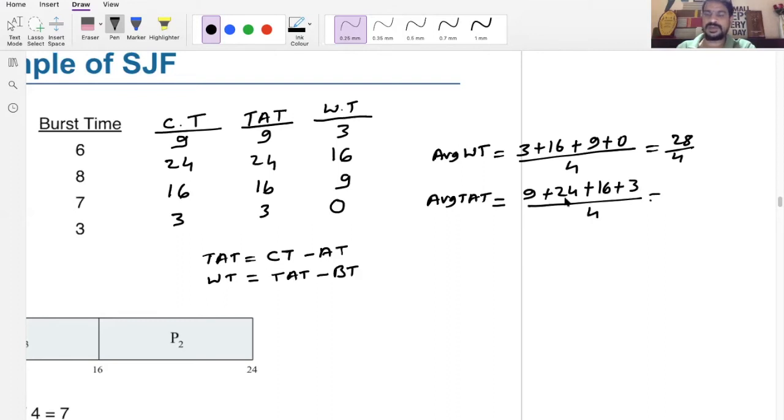It will be 33, then 36, then 52 divided by 4. So this is the result of shortest job first with this particular example.